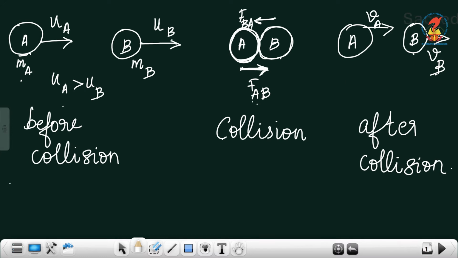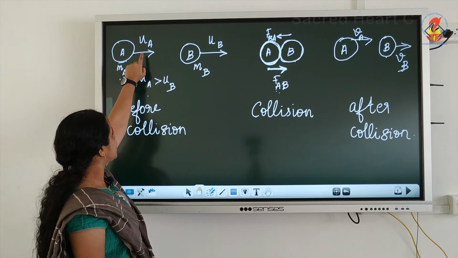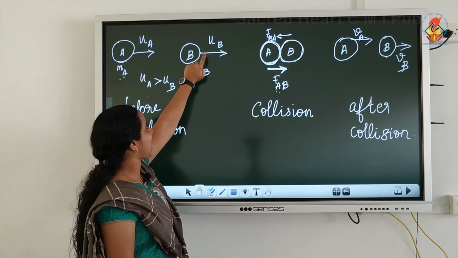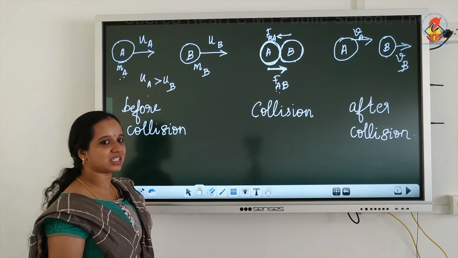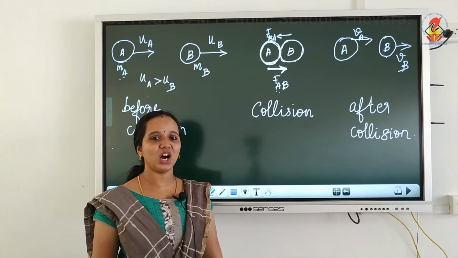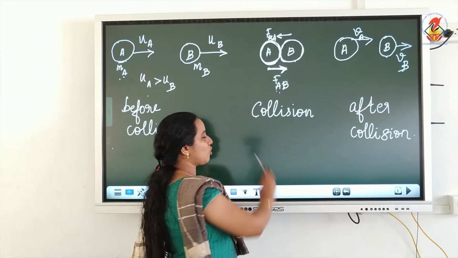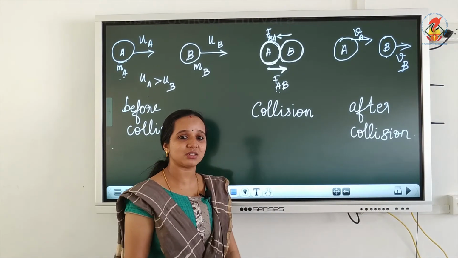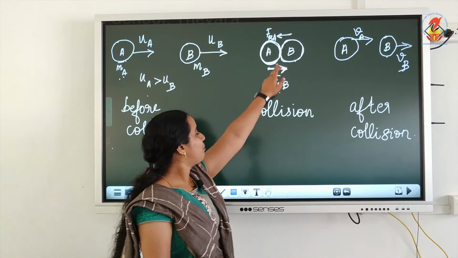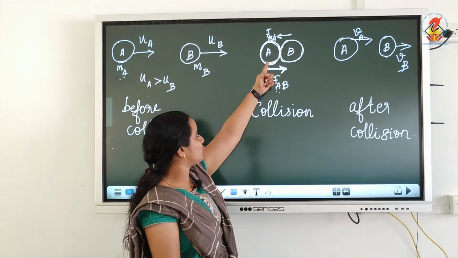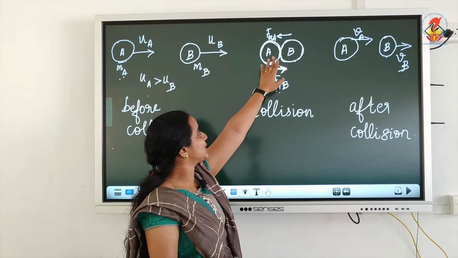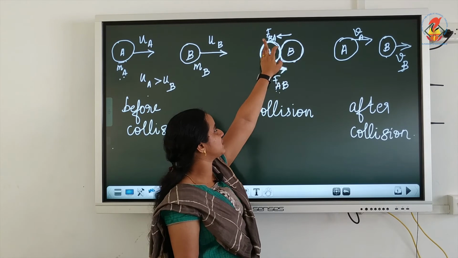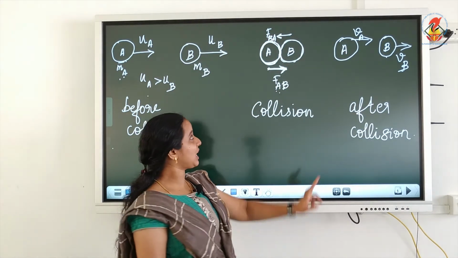So we had two objects of masses MA and MB. Initially they were moving with velocities UA and UB. Since one of the velocities is greater, they will undergo a collision, and during collision they experience a force. Ball B experiences a force due to ball A, that is FAB. In turn, ball A also experiences a force due to ball B, which is equal to FBA.